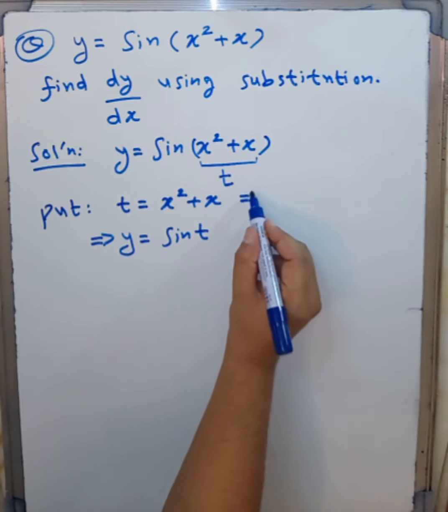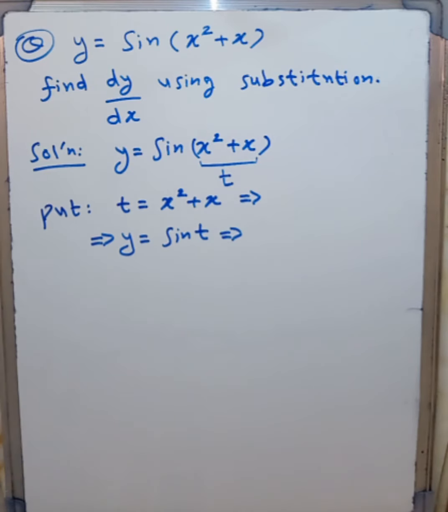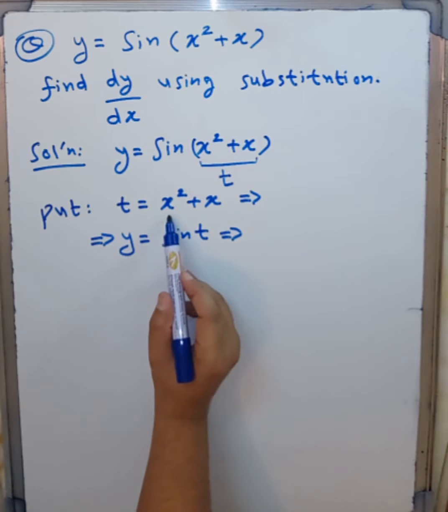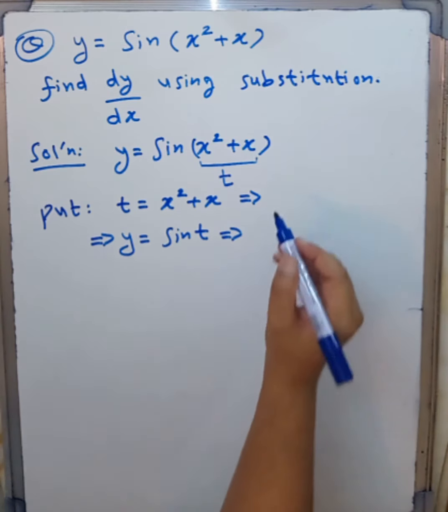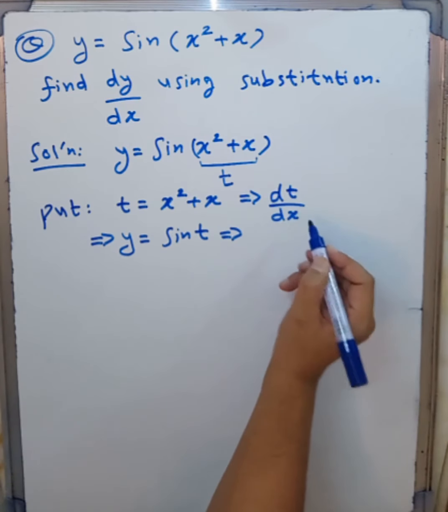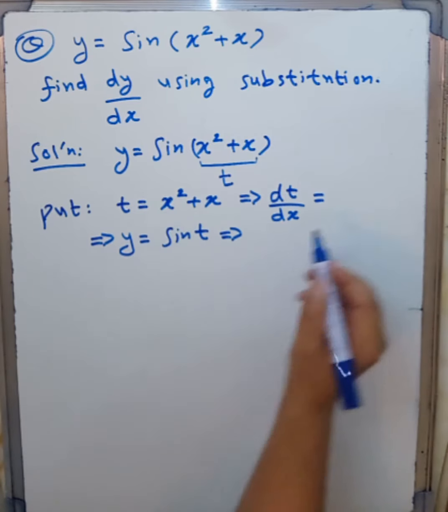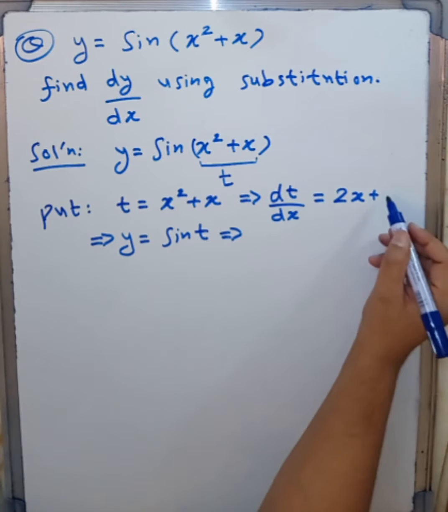Now here itself we will write t is equal to x square plus x. So t is a function of x. Therefore, we can differentiate t with respect to the variable x. So we can find dt by dx. When I differentiate, I will get derivative of x square as 2x plus derivative of x as 1.